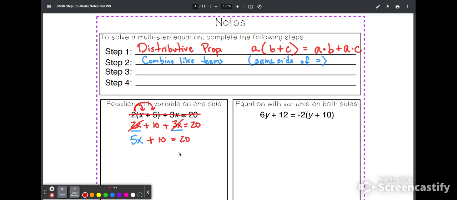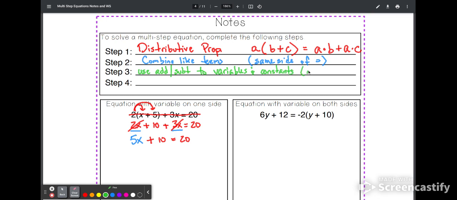At this point, we're going to start moving things across the equal sign. So now we're going to start using inverse operations. We're going to use addition or subtraction to move variables and constants across the equal sign.